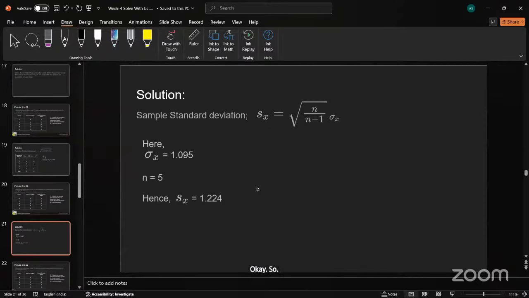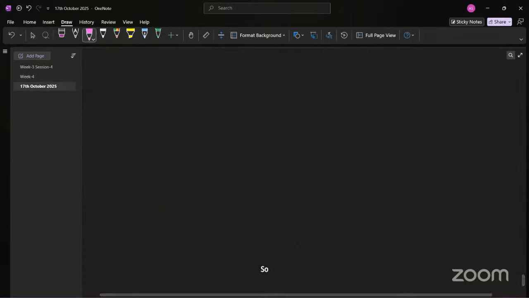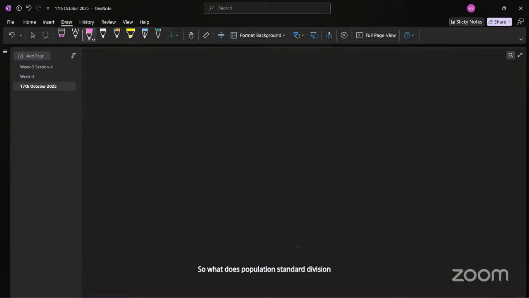Okay, this is another formula. Once you have the population standard deviation, you can calculate the sample standard deviation using this, right? So what is population standard deviation? It is just sigma.